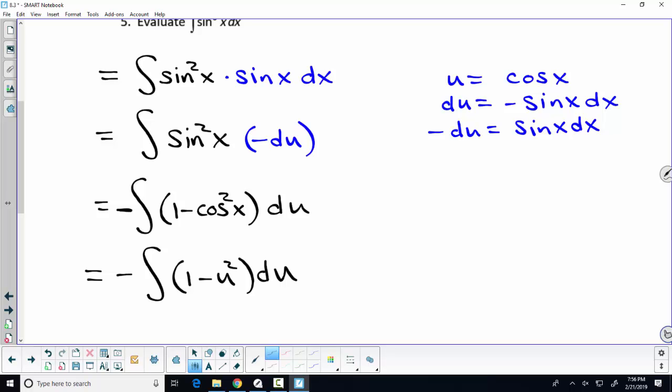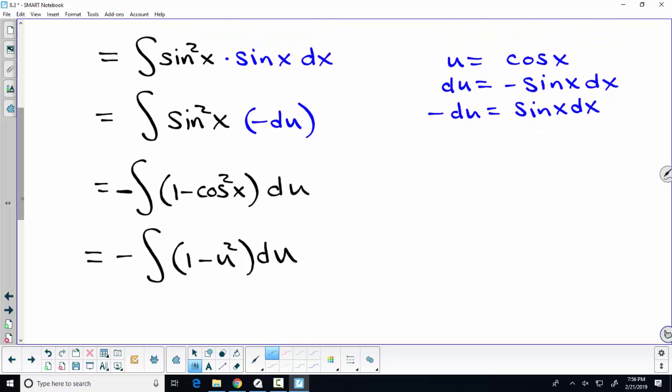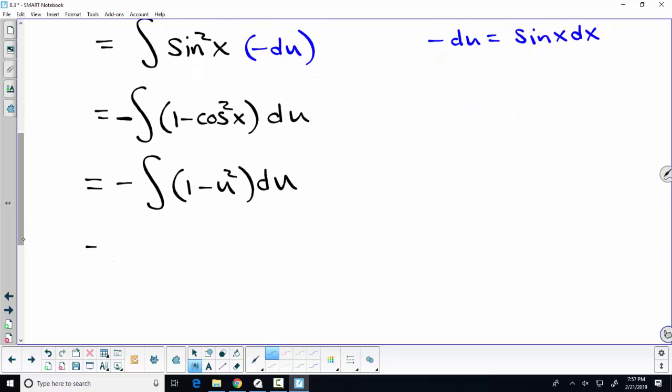Odd powers of sine and cosine will be much easier than even powers of sine and cosine. Any questions on this process? Yeah, there's a reduction formula for powers of sine and cosine.